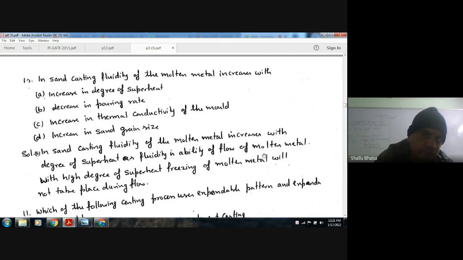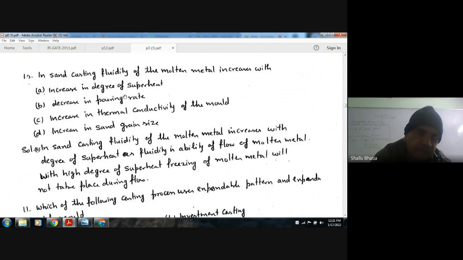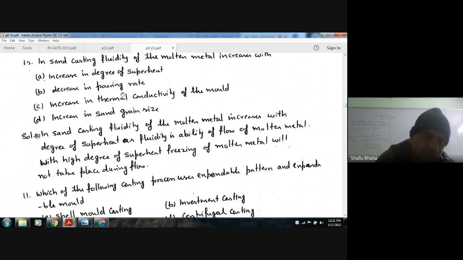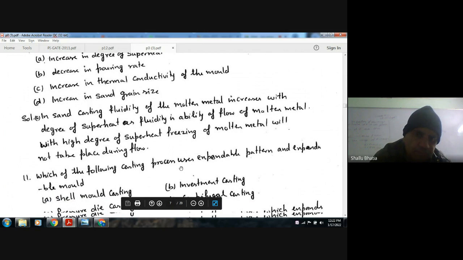So the fluidity will be more when the temperature is more and the metal is in liquid state. So this is increasing with the increase in degree of superheat. Fluidity is the ability to flow of molten metal, and with a high degree of superheat, freezing of the molten metal will not take place during the flow. Okay.